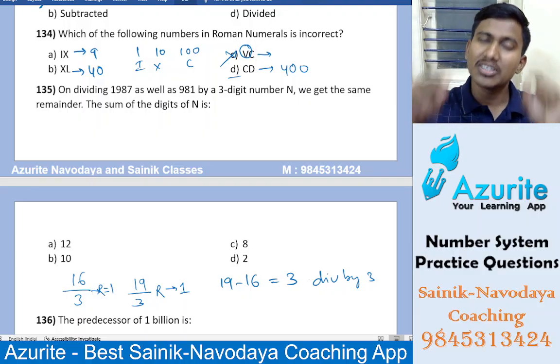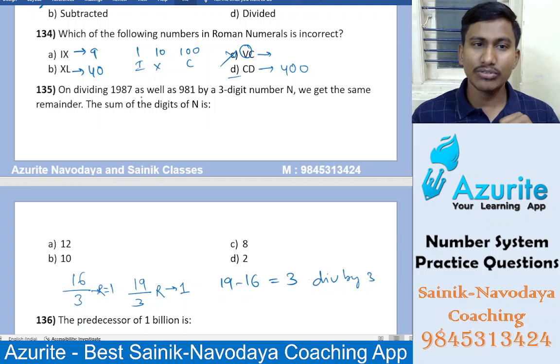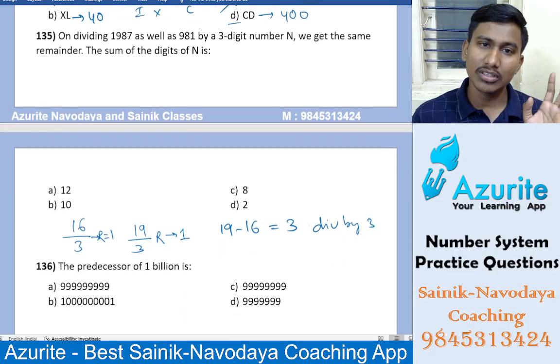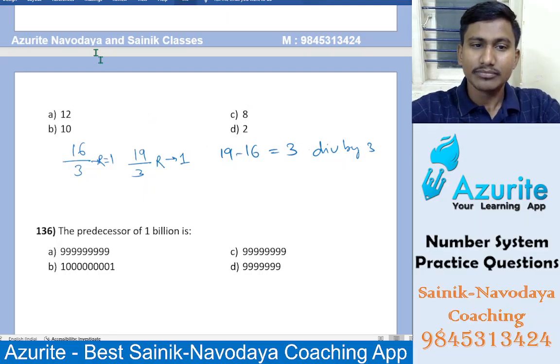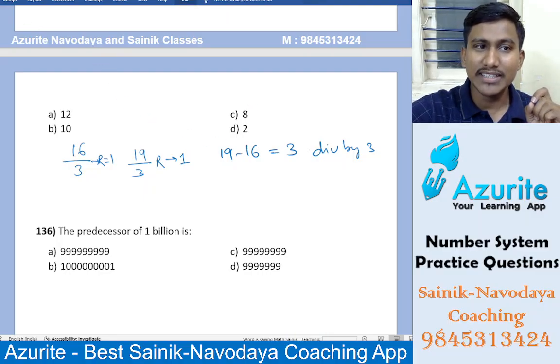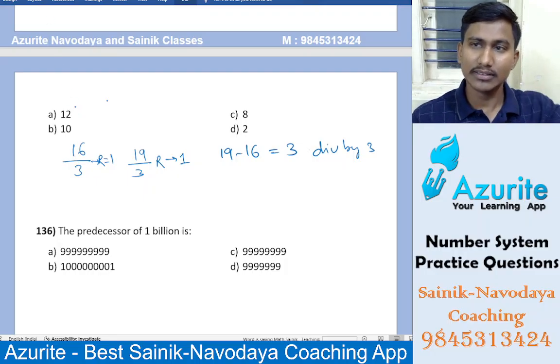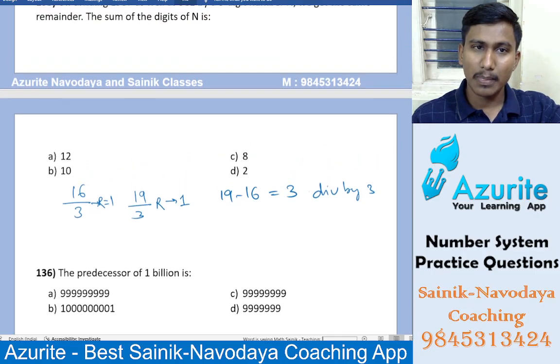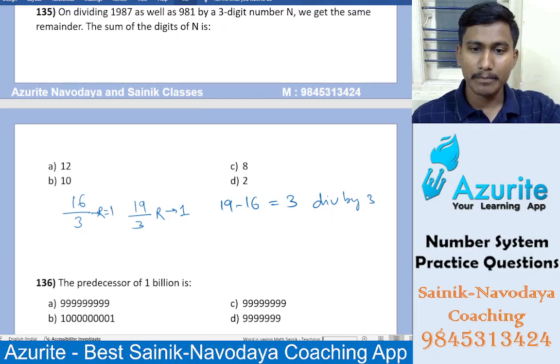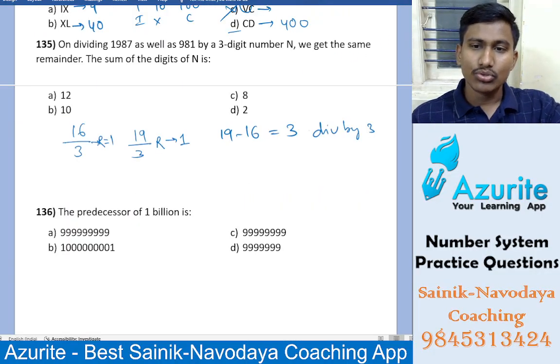So the same principle you have to apply here. This will apply for all numbers, okay? So let us see here. The numbers given are 1987 and 1981.